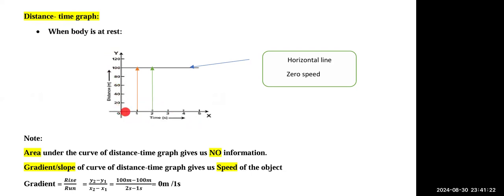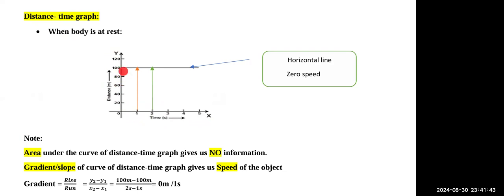Here time is given in seconds, 1, 2, 3, 4, 5, and so on, and distance is given in meters. The readings on my axis are 0, 20, 40, 60, 80, and 100 meters.